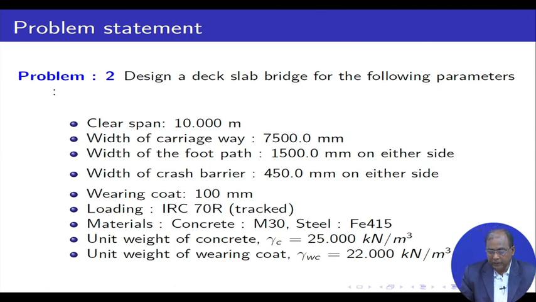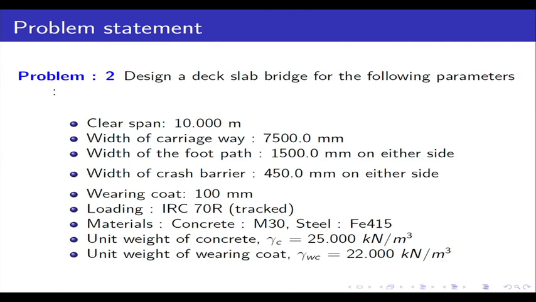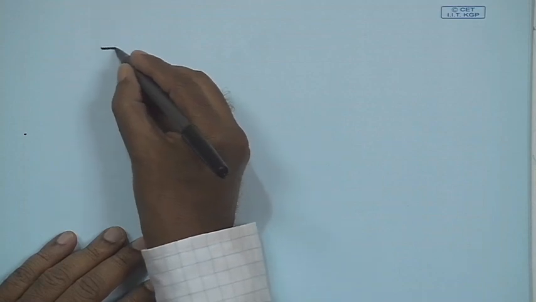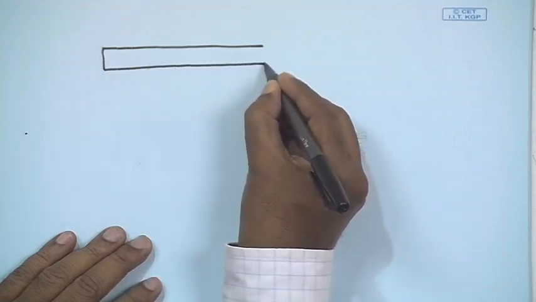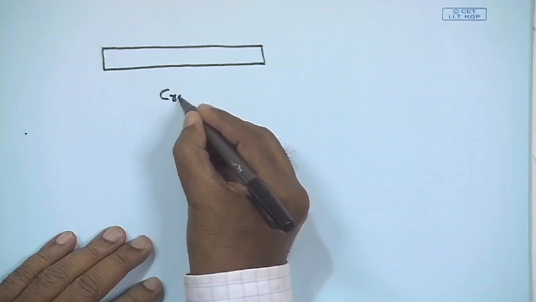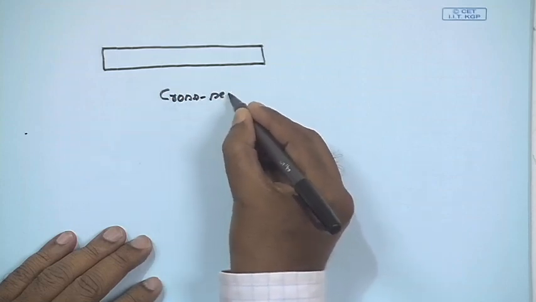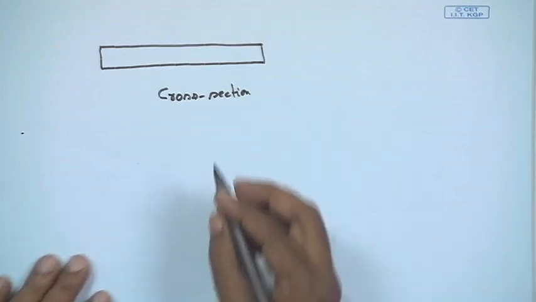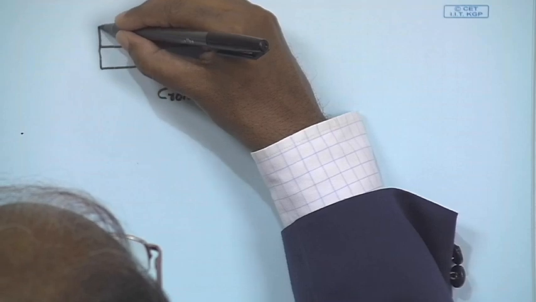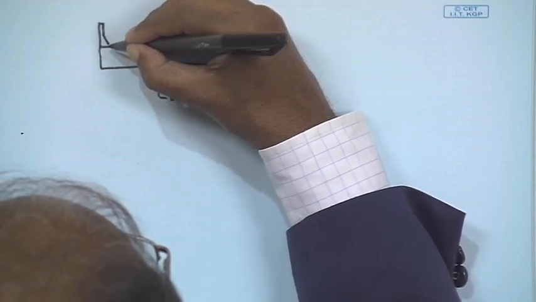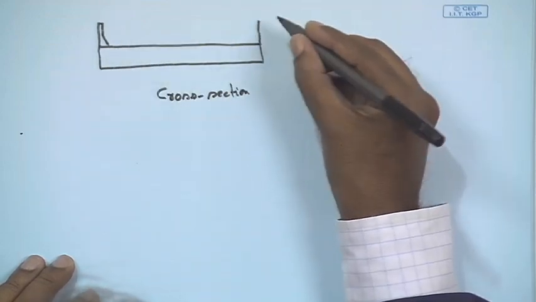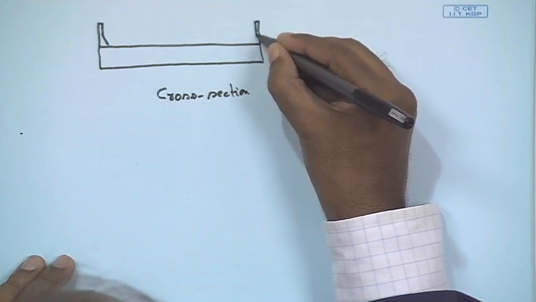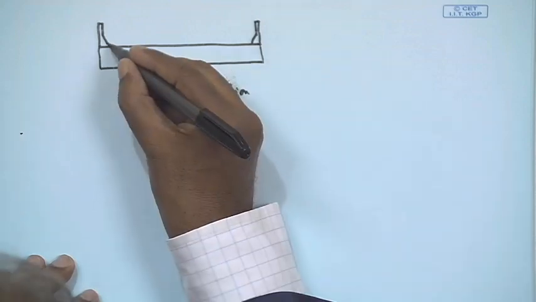Just let me give you, before coming to that, this is the slab cross section, and we are having here the crash barrier and then the footpath.